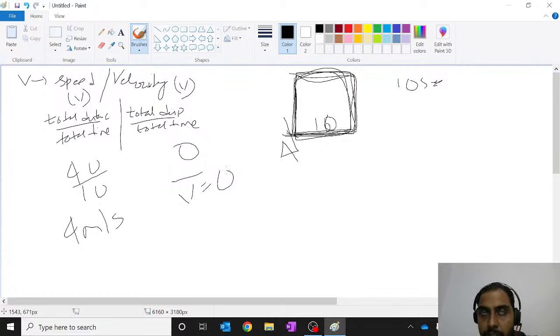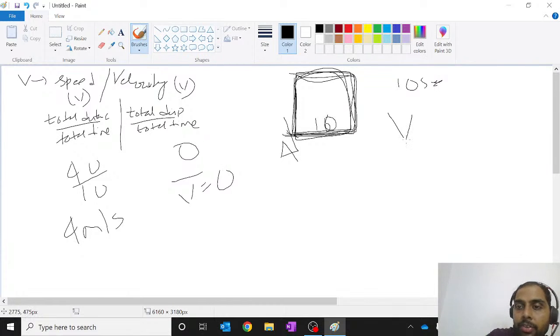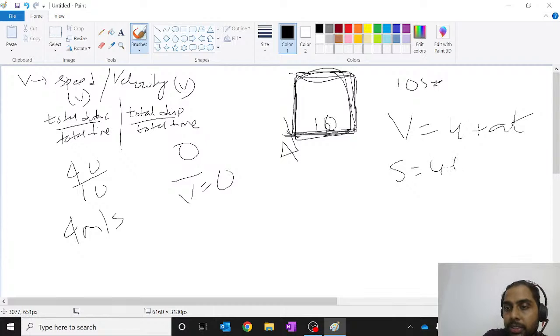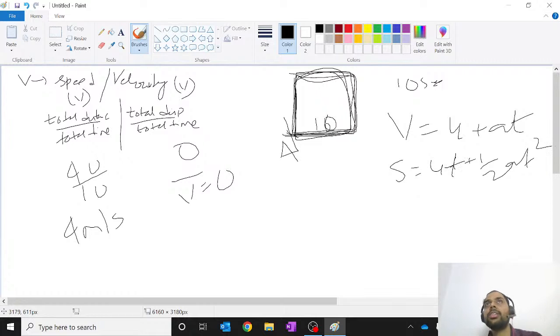Clear? Understood? Now I'm not going to discuss the formulas that you've already seen in your ninth and 10th kinematics, where final velocity is v equals u plus at, and distance is ut plus half at square, and so on. I'm not going to discuss these formulas because you're thorough with them.